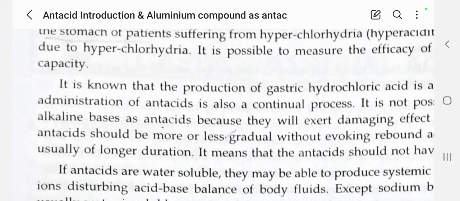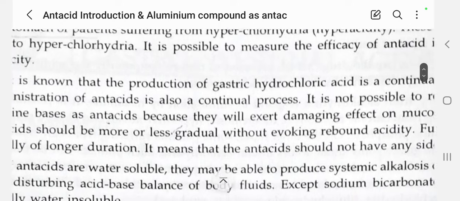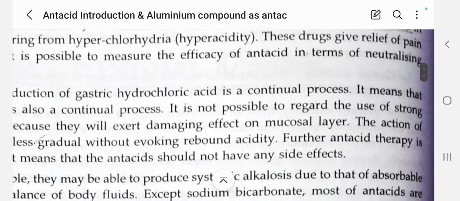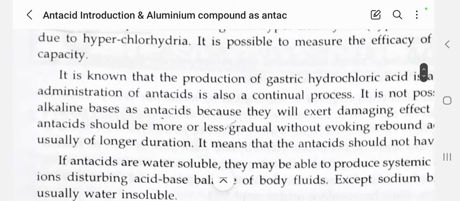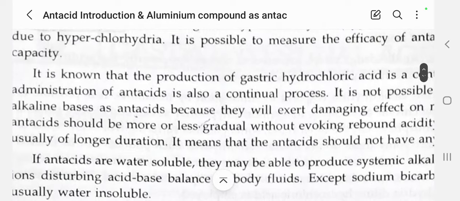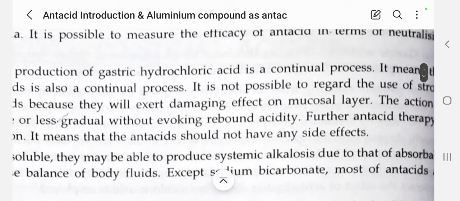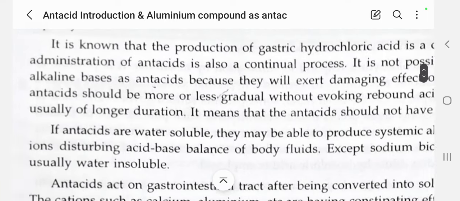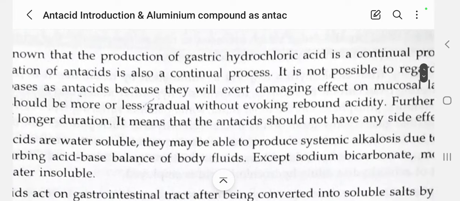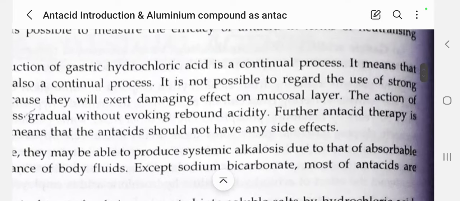Next, it is known that the production of gastric hydrochloric acid is a continual process. It means that administration of antacid is also a continual process. So it is not possible to use strong alkaline bases as antacids because they will exert a damaging effect on the mucosal layer.